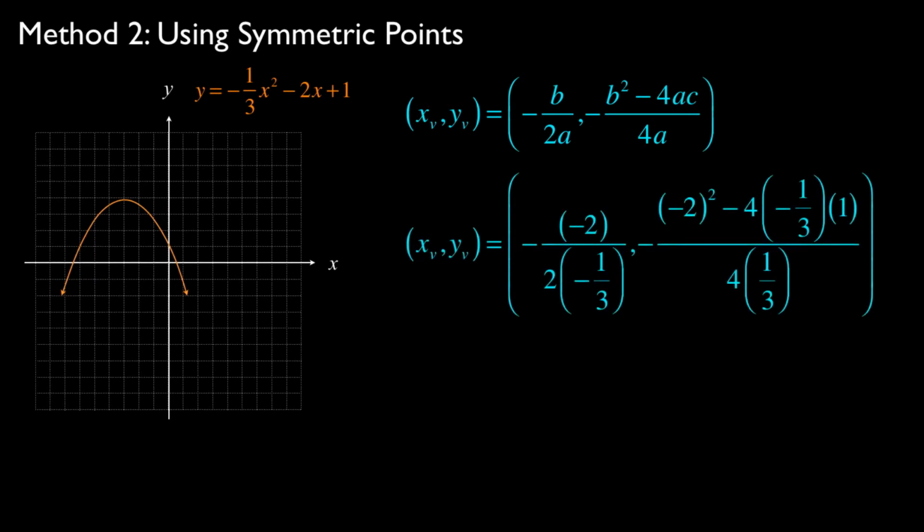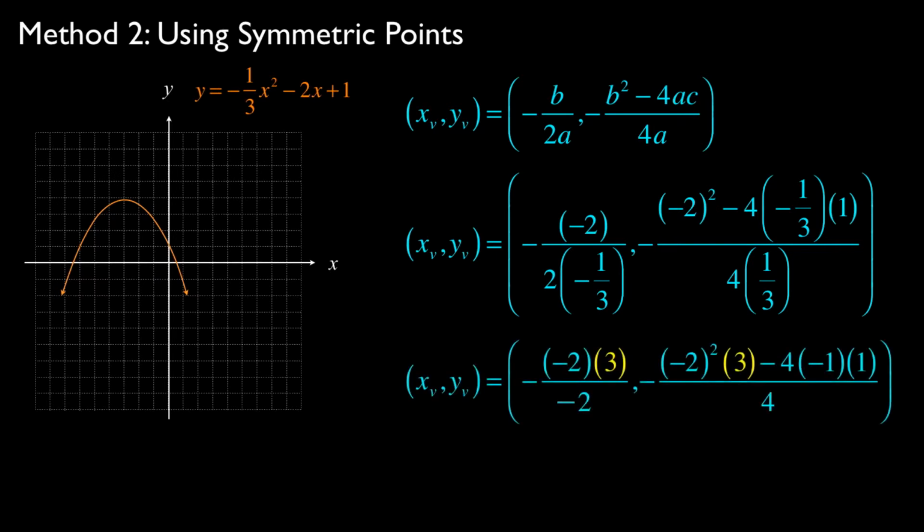Now, to make my life a little bit easier, I multiply top and bottom by 3 to eliminate that fraction of 1/3 and negative 1/3 top and bottom everywhere where I see it. And so I get that. And I've highlighted the 3 that's left over in the 2 terms in the numerator. And then it becomes a BEDMAS question, as I said before. And we get a vertex, as we had before, of (negative 3, 4).